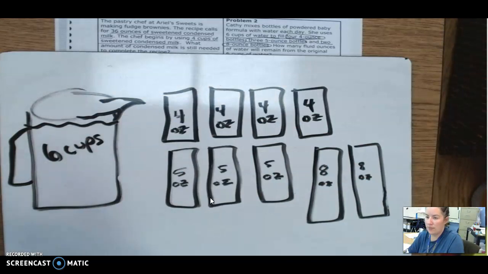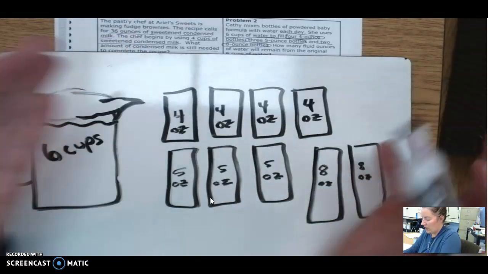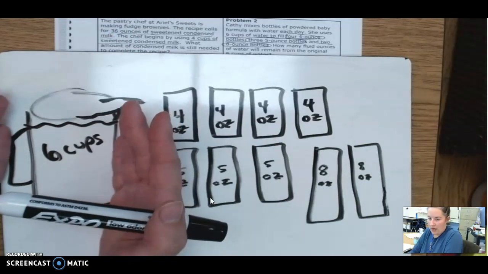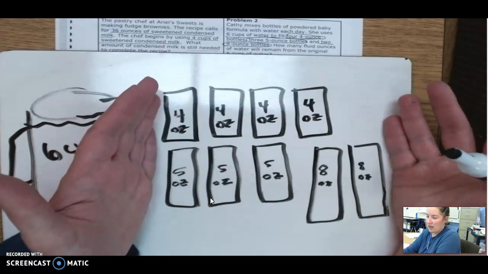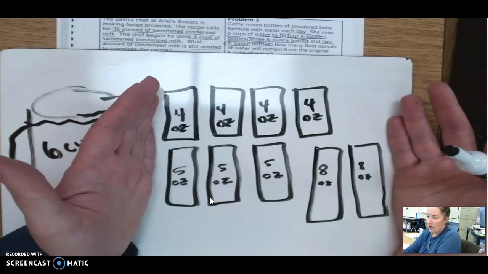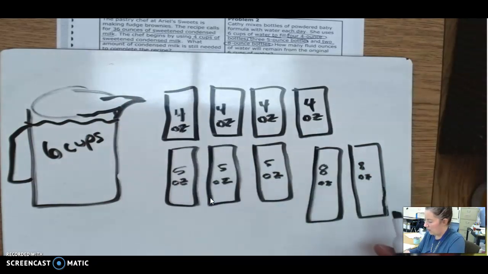Well, we have to do some problem solving skills here to figure out, okay, how do I even go about solving this problem? Well, we first need to know, we know how much total water we have. We need to figure out how many ounces are required to fill all these bottles. So let's add up all of these numbers.